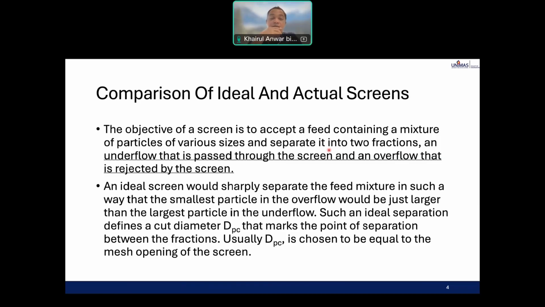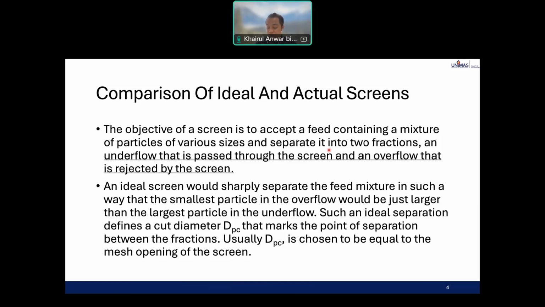An ideal screen would sharply separate the feed mixture in such a way that the smallest particle in the overflow would be just larger than the largest particle in the underflow.